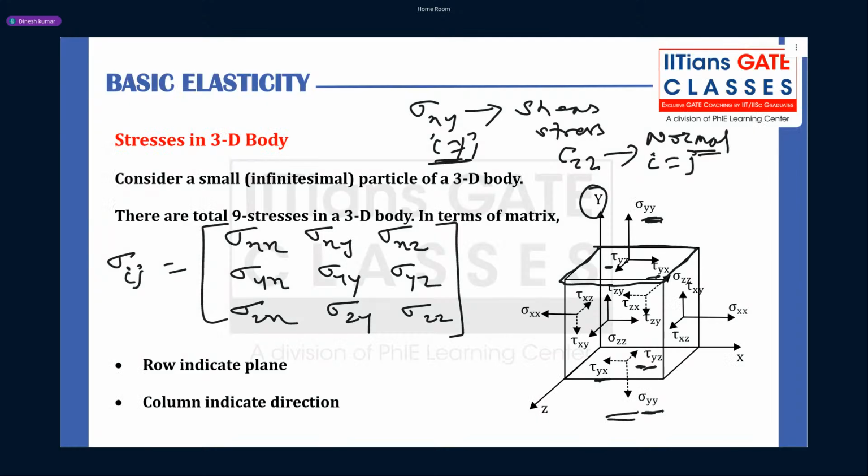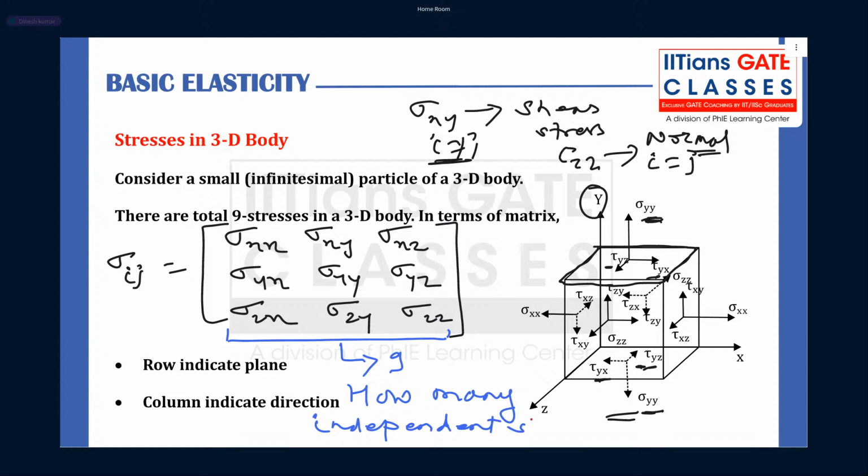Now guys, come to the 3-dimensional stress system. How many total stresses? Total is 9. How many are independent? This is one of the GATE questions.